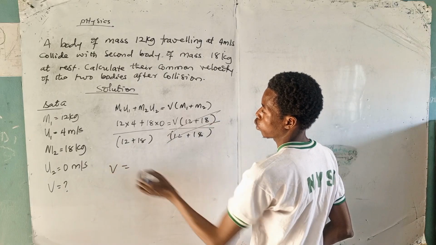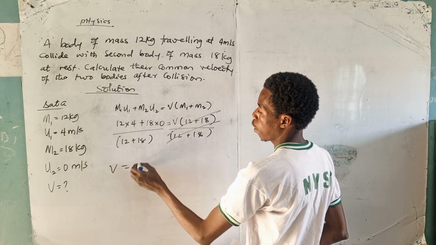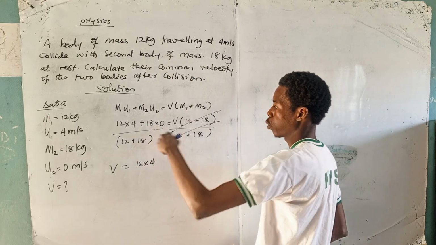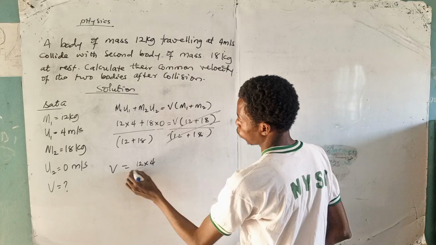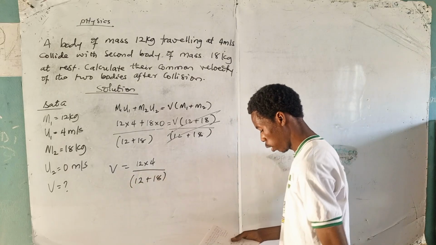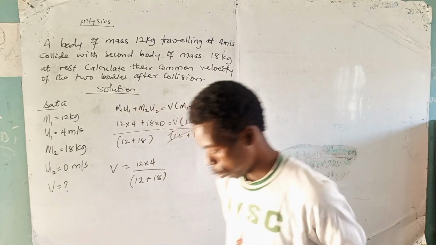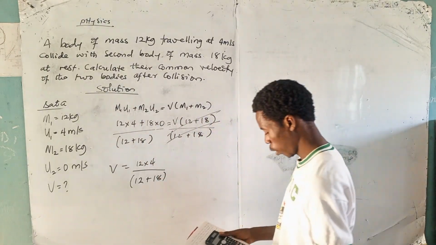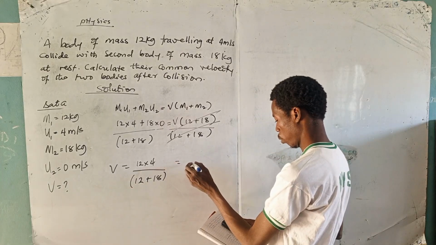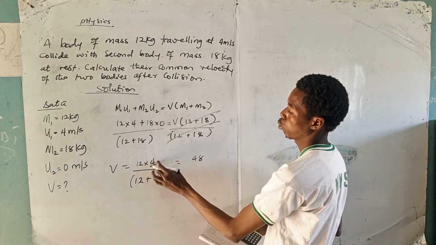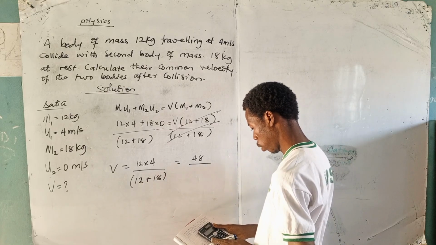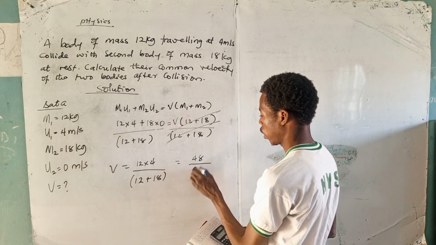We have final velocity equals 12 multiplied by 4, and this 18 multiplied by 0 is 0, it will go, then divided by 12 plus 18. Now, if you press it in the calculator, 12 multiplied by 4 will give you 48. And 12 plus 18 will give you 30.